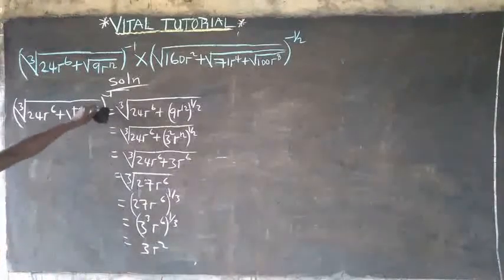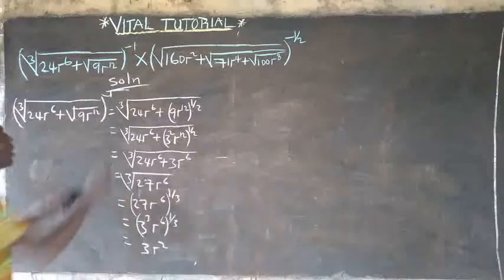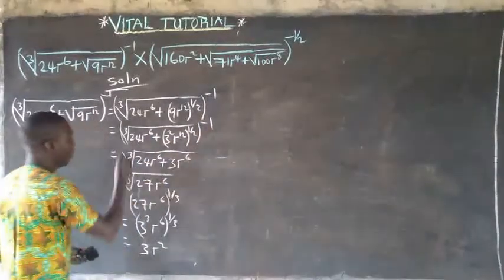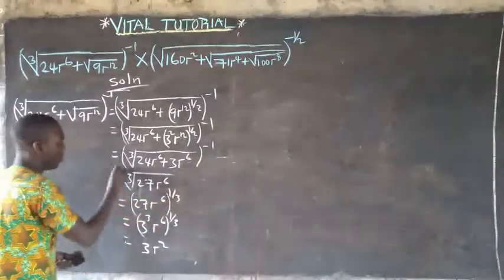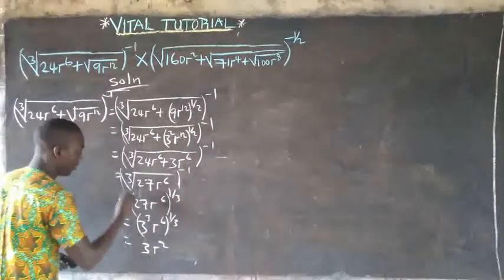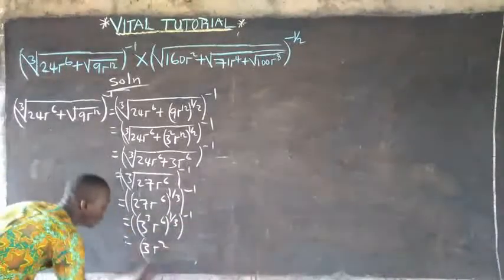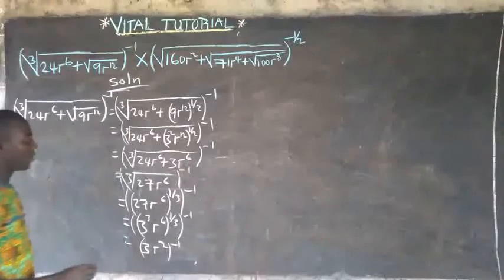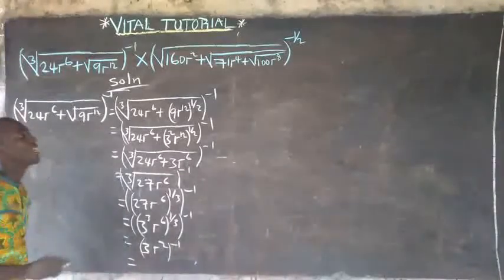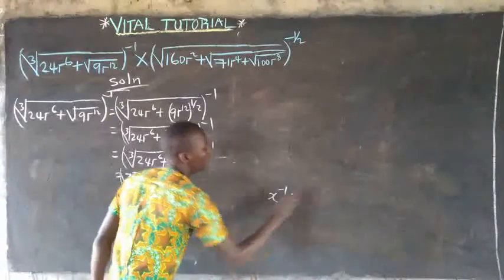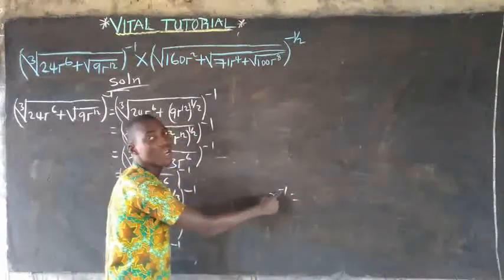And as you can see, we are having minus 1 here. I forgot to put that, so this one will be raised to the power of minus 1. Don't forget that I told us this in my previous video on indices.